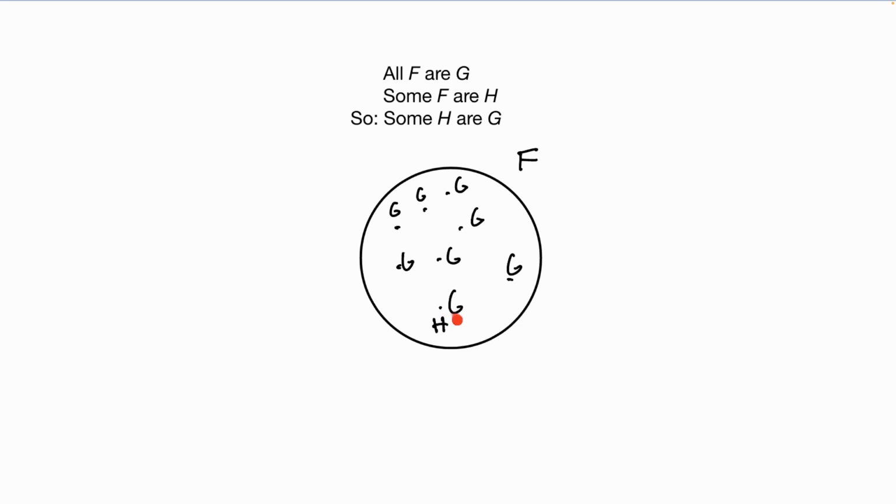Suppose that this one is H. But now I've already made it true that some things that are H are G. So once I imagined these two premises being true, that automatically made this true. So that's a way of seeing that, yeah, this form of reasoning is valid.